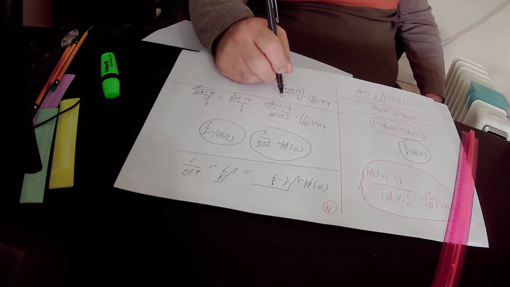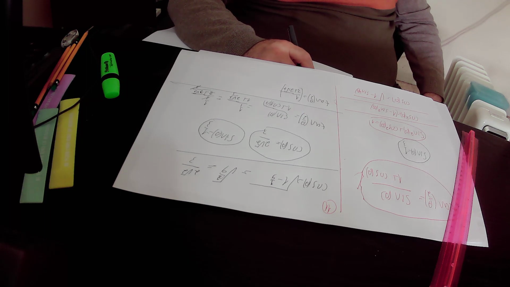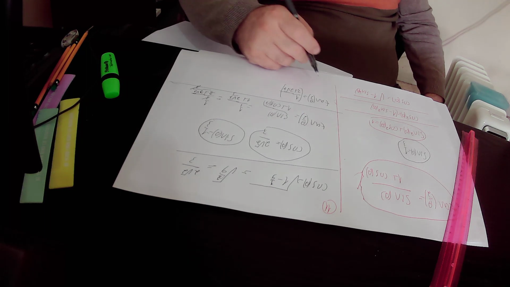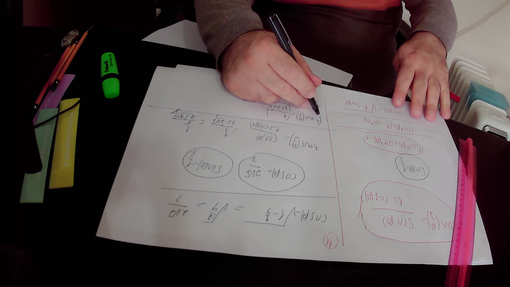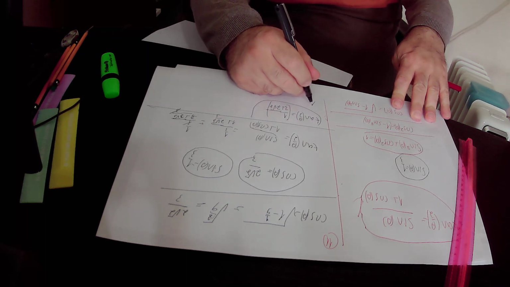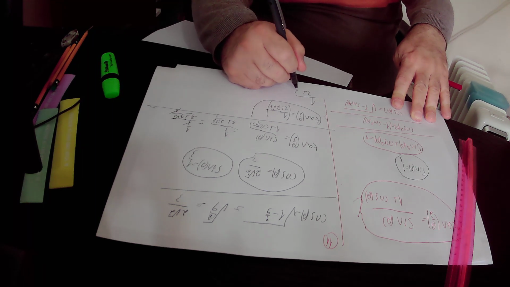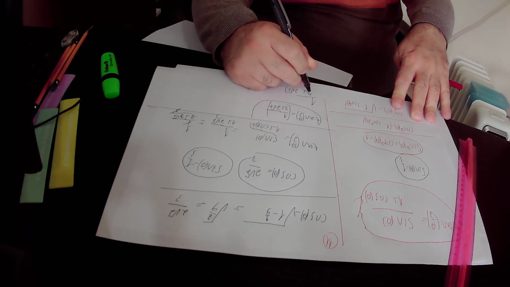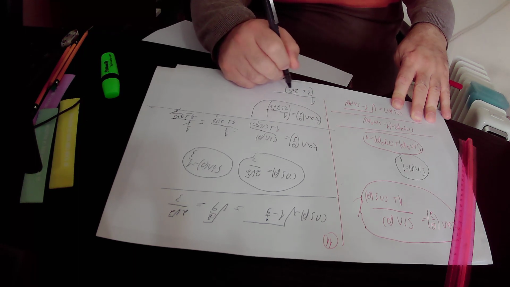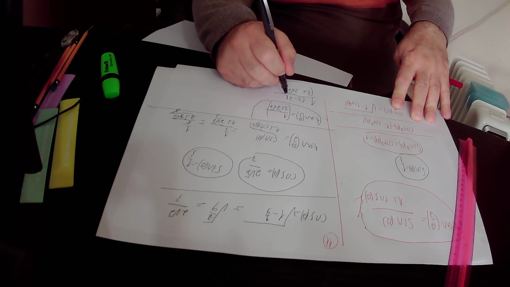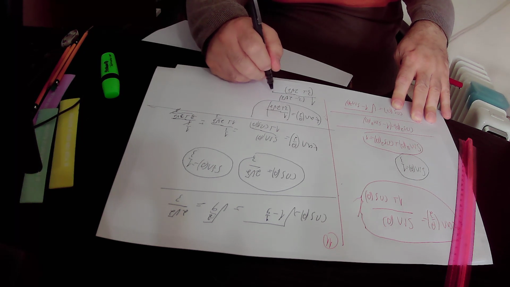So here we take the expression of 1 over 3 plus 2 times square root of 2, and we will multiply it by 3 minus 2 times square root of 2, and then we will divide it by 3 minus 2 times square root of 2.